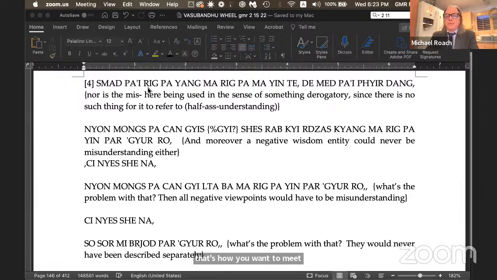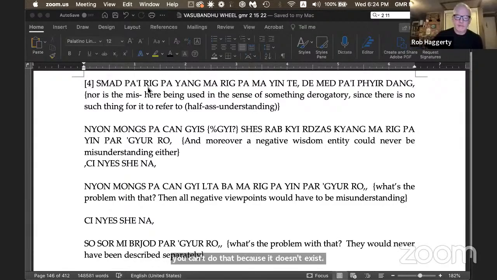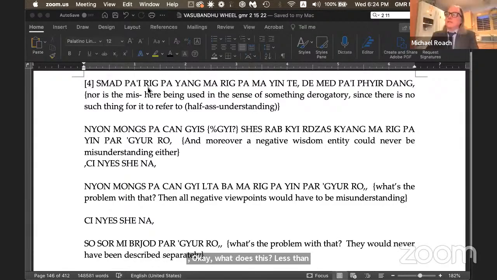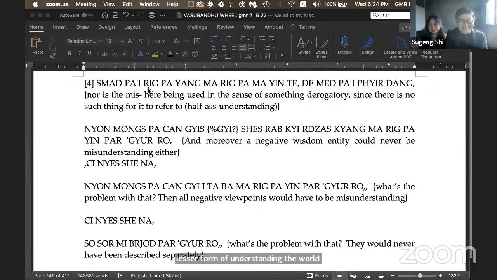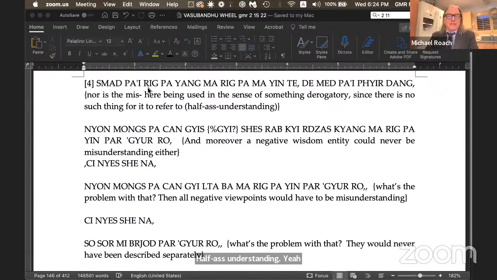What doesn't exist? A path of understanding. A lesser form of understanding the world. A half-baked understanding of the way the universe works. Either you have knowledge of the way the universe works, or you don't. You can't have a 50% understanding of the way the universe works.